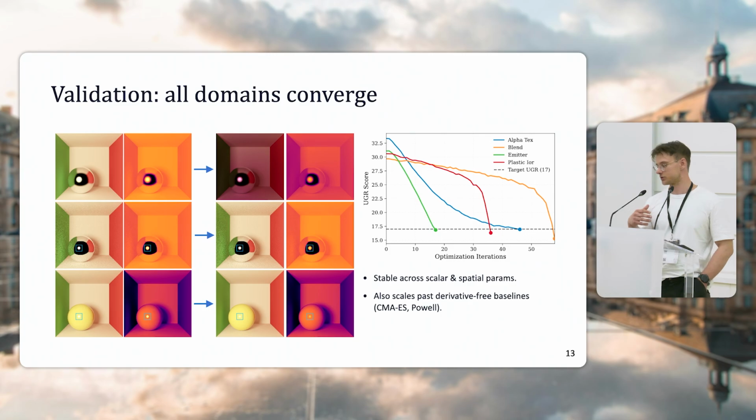It's stable across all those parameters as the optimizer is fed the gradients and descends to a specific target UGR. And because we're using differentiable rendering, it scales far past derivative-free baselines, such as CMA-ES or PAL, which quickly fall over as the parameter count increases.